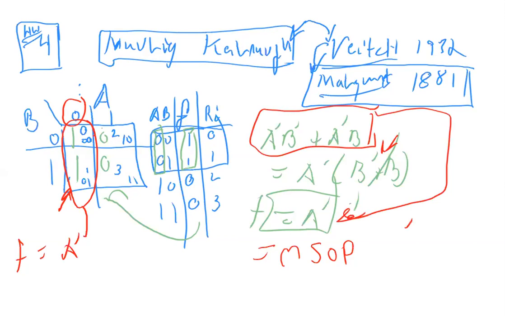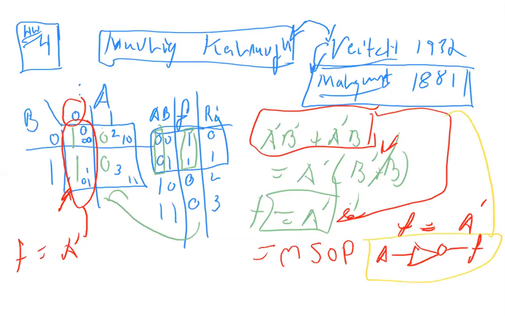And so now I can say F is equal to A prime, and I can implement it by taking A, passing it through an inverter, and calling that F. And this is much simpler than that. It's not only simpler, it's faster and cheaper. It takes up less space. So it's got advantages all over the place because it's a minimal form.